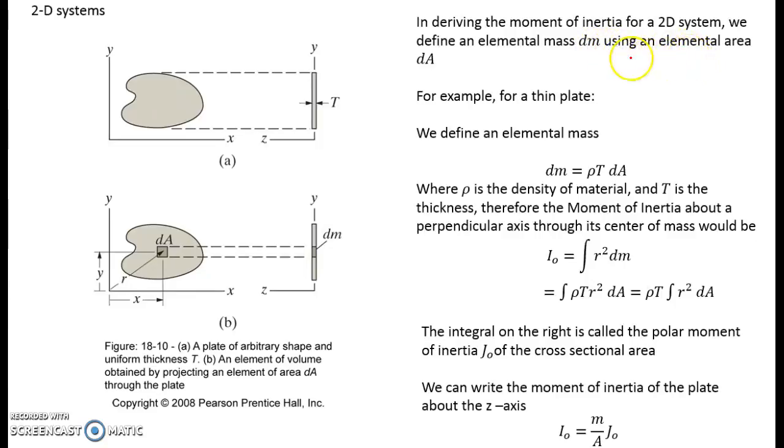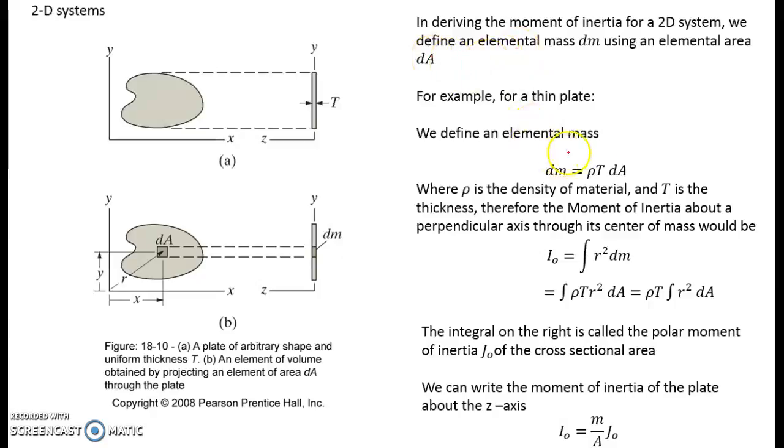For the 2D system, we're just going to take it one step, one degree of freedom more than before. So instead of looking at an elemental length dr, we're looking at an elemental area dA. Okay, so for example, if we have a thin plate, now we're going to define the elemental mass as, we're still using mass equals density times volume, but remember we're using an elemental area now.